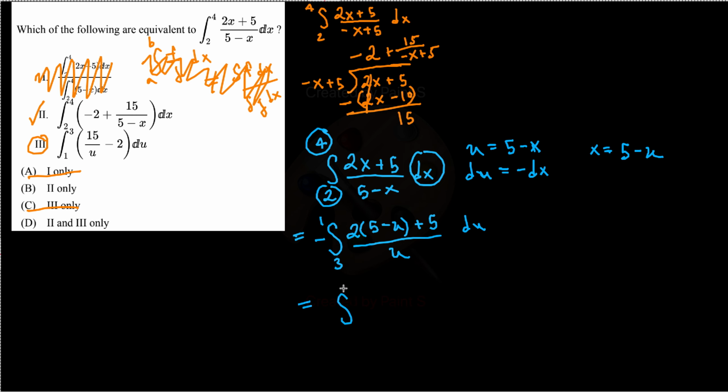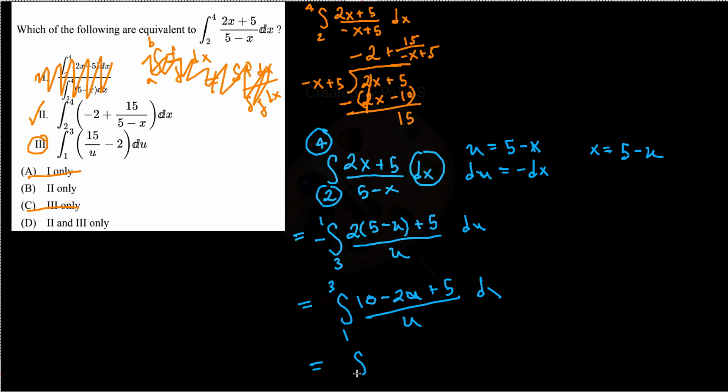So it starts off as negative, so when I flip it, this minus goes away. The negative of a negative is now positive. I get 10 minus 2u plus 5 over u du. And then this 10 and 5 combine to being 15.